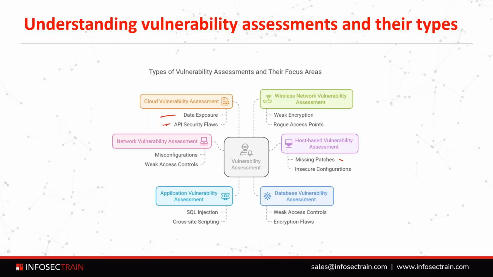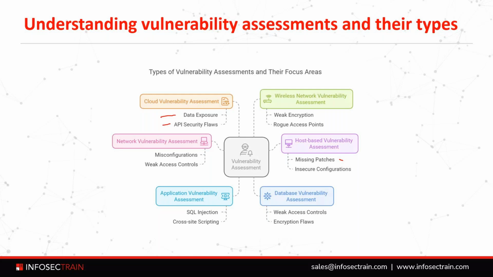API security flaws are like lack of authentication, rate limiting, or input validation, right? So think of cloud assessment like checking if the windows in your skyscraper are sealed, even the ones on the 50th floor. If data is exposed, it's as good as being on the street, right?